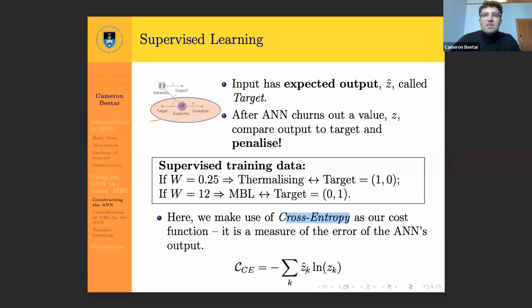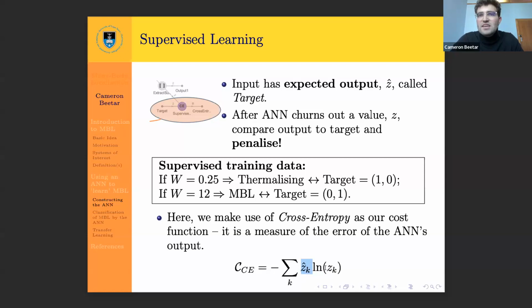Now, if you imagine your output being potentially n-dimensional, you won't necessarily have a 0, 1, you might have 0, 0.5, 0.5. And you sum over them. In our case, the only thing that contributes is when you have a 1 in the target.